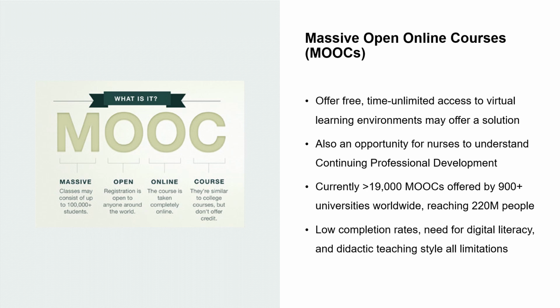There's also a need for digital literacy to some extent, and the fact that they often use somewhat outdated didactic teaching styles are just some of the limitations that have been levelled against MOOCs over the years.